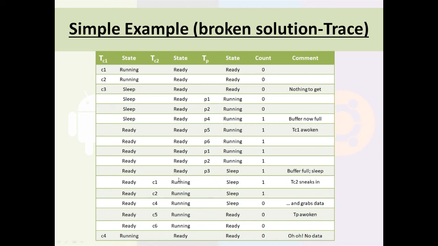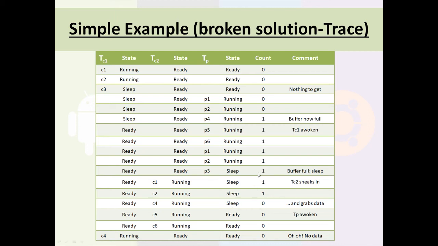So you can see how, because of this specific interleaving, where we had two consumers both vying for our buffer information, we could get to a case where there is no information for our consumer to consume. Now, this problem arises for a simple reason, and that is after the producer woke TC1, but before TC1 ever ran, the state of the bounded buffer changed, okay?